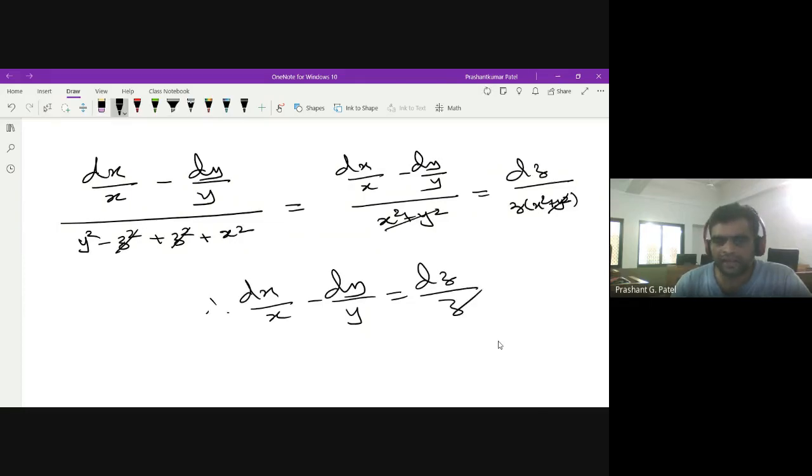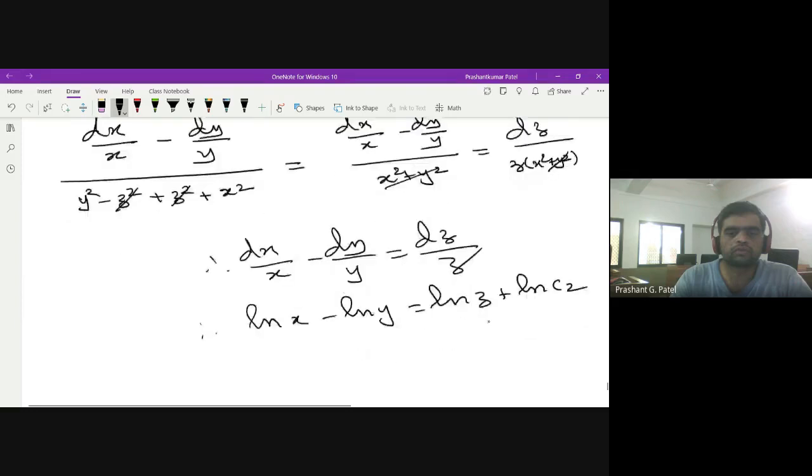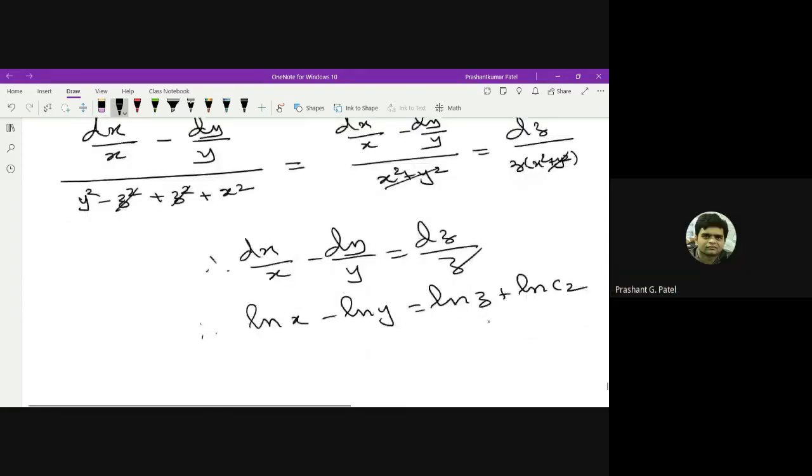If I take the integration now, it will give ln of x minus ln of y equal to ln of z plus ln of c2. So this gives x upon y equal to z into c2, that is x upon yz equal to c2. That is the second solution.